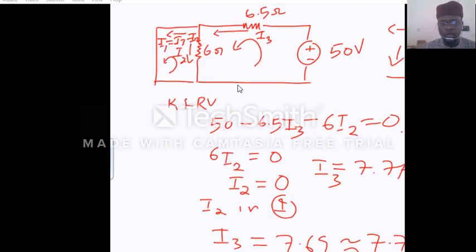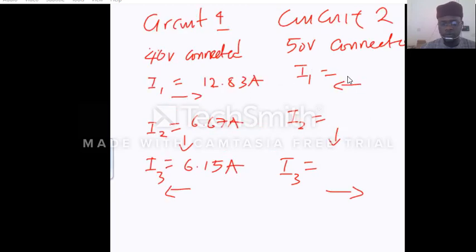For the second circuit when 50 volt is connected, these are also the directions of the current. If you look at the direction of the arrow here and here, you see that they are opposing each other, which is the same as saying the larger current will subtract the smaller current, and that would be the total current in I1, and it's going to take the direction of the current with the larger value.